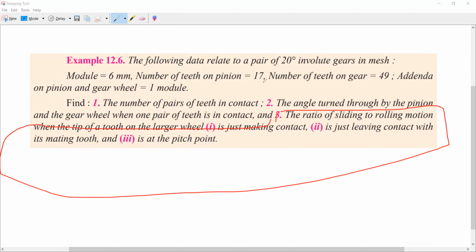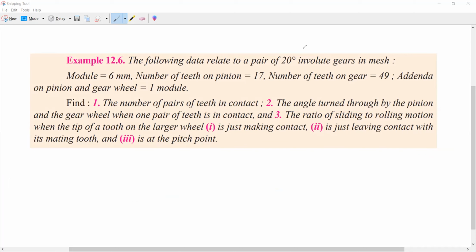First of all, let us complete up to here, which we know very well how to solve. Let us complete points number 1 and 2, then after I will explain how to solve for 3. No need to do anything from your side, I am explaining everything. Just complete the question.